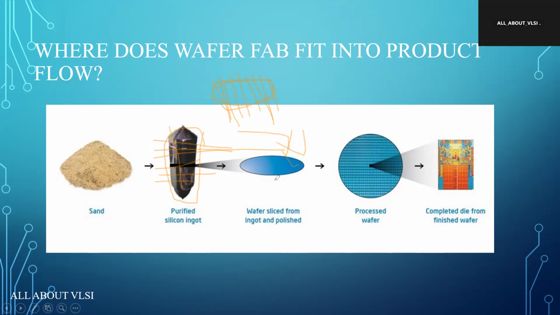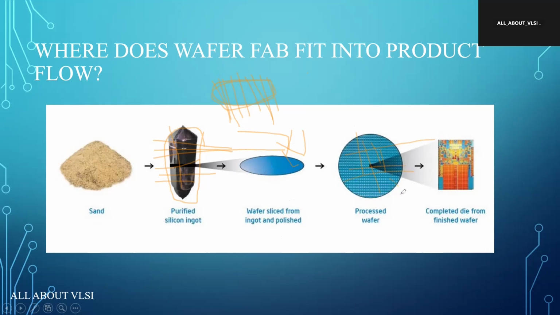So each one is a wafer sliced from the ingot and polished. So this one is what? Wafer. We extracted this from the ingot, right? After that, the processed wafer, this one. If you observe these things, this wafer is divided into such blocks, right?